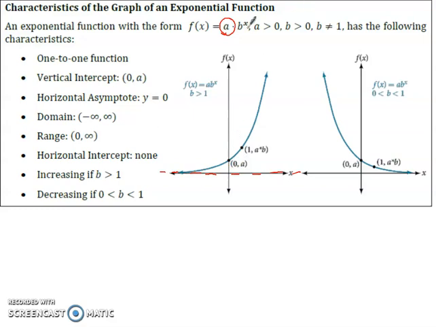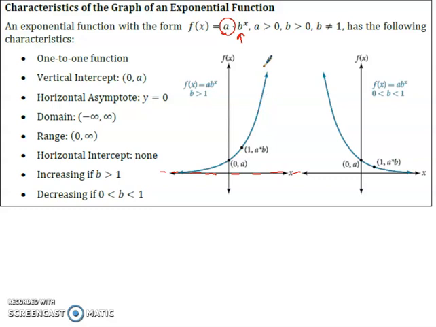Now this is assuming that we're only dealing with positive a values. Here we are told that a is greater than 0. We can work with negative a values, but that would reflect your graph vertically into the third and fourth quadrant where y is negative. Now if your b value is greater than 1, that means that when you multiply by a, you will be increasing your value of a. So your graph will start small and it will grow as your x value increases.